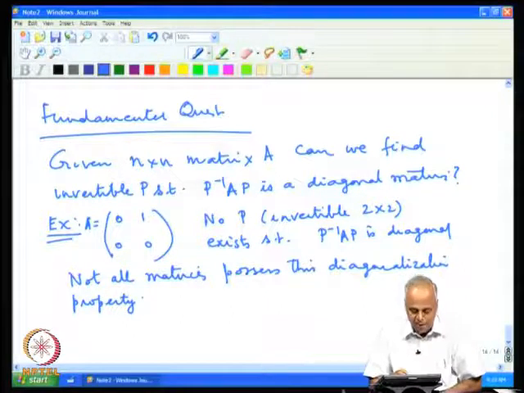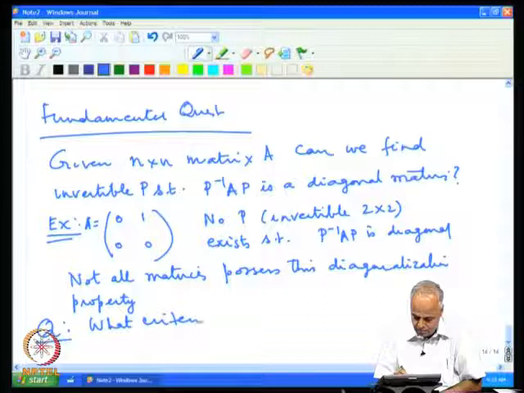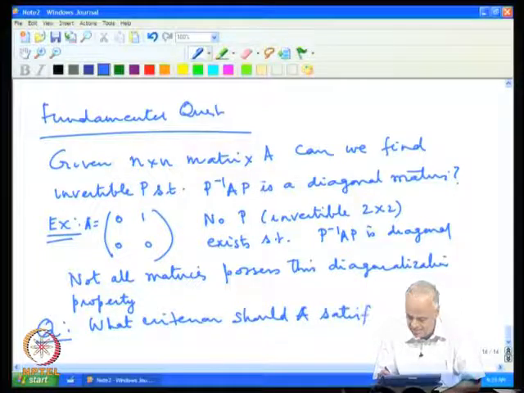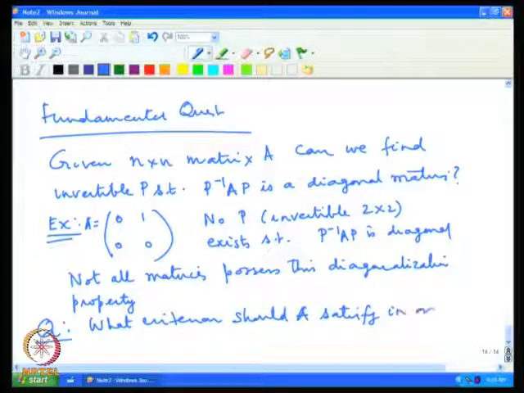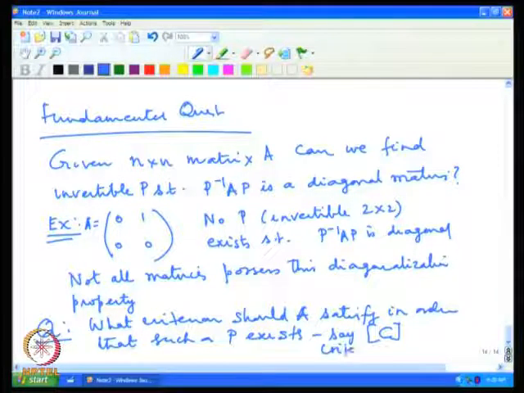Therefore, the fundamental question is, what criterion should A satisfy in order that such a P exists? Let us call such a criterion, say, criterion C.